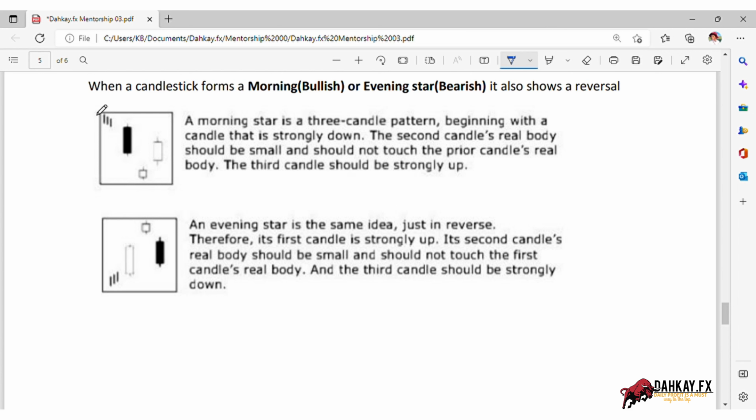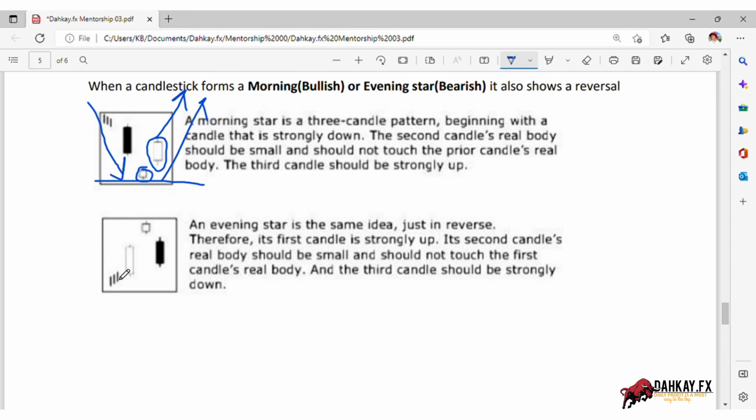So if we had the market going down this way, and when it reaches our support we see this morning star, and then after the morning star we see a strong candlestick, just prepare for a buy, because that market is absolutely reversing here and going up.